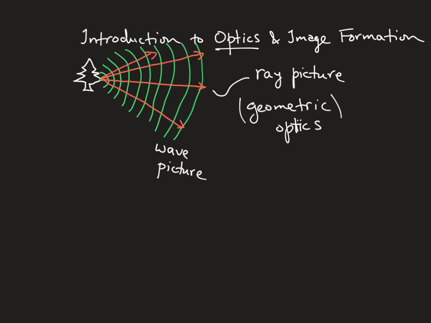It's hard to work with these wave fronts, these ripples. It's much easier to think about a ray of light going in a particular direction. It's sort of more direct for understanding what's happening most of the time. Okay, so that's the picture.